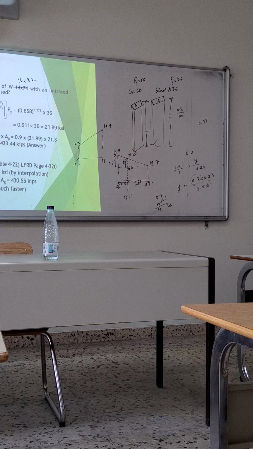For the value of R minimum, you will see from the data sheet how much it is for this section, W14 by 32.